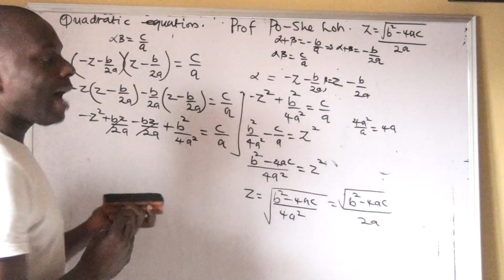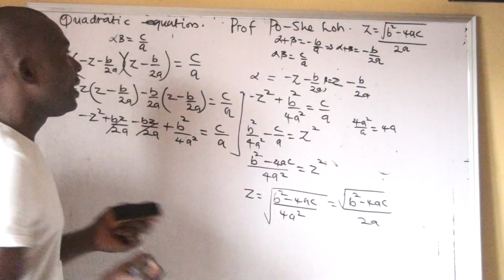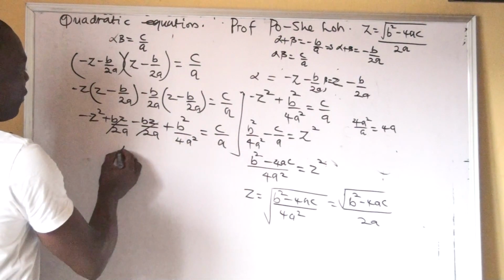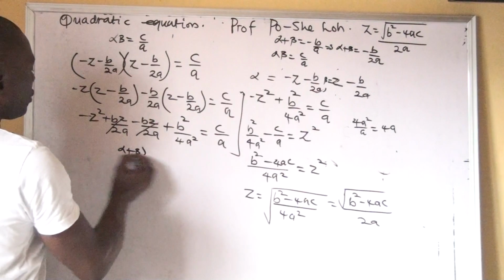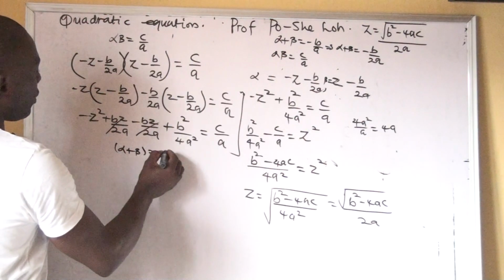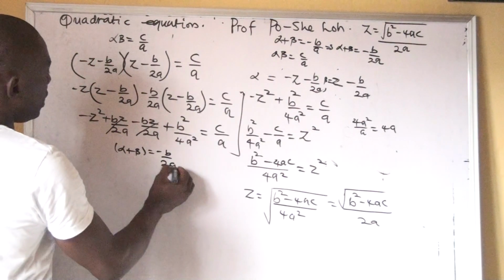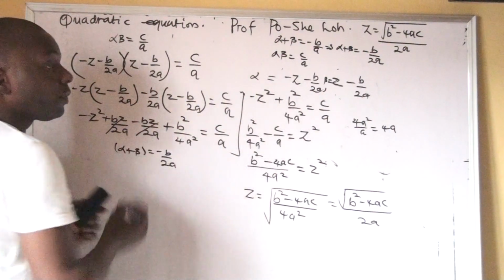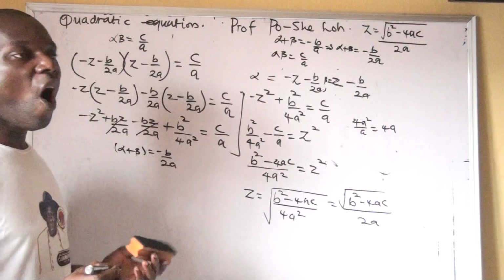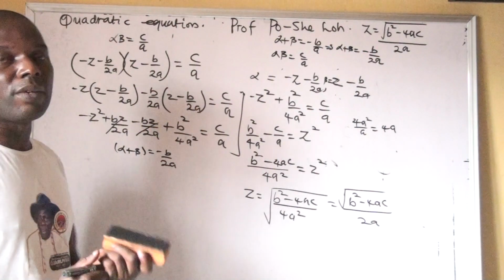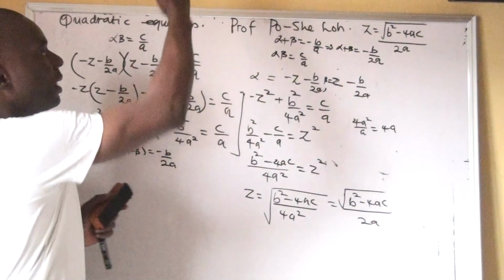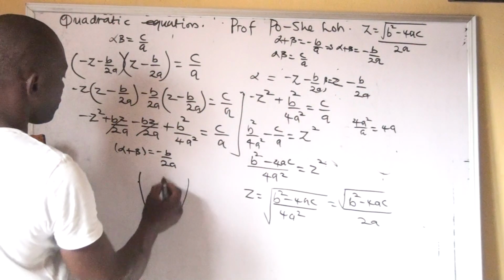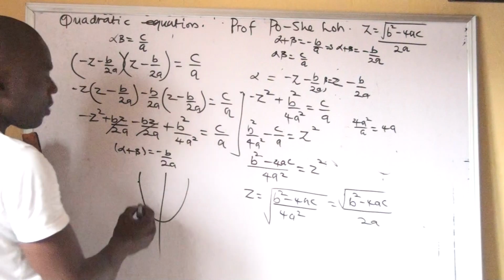Another thing that we have to note here is that we said the average of the sum of the roots is minus b over 2a. This average is also the equation of symmetry, where the graph is divided into two equal parts.